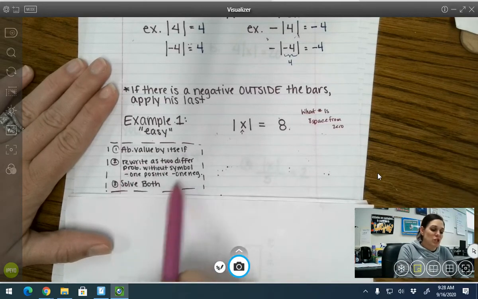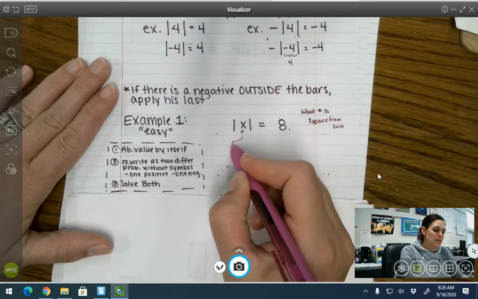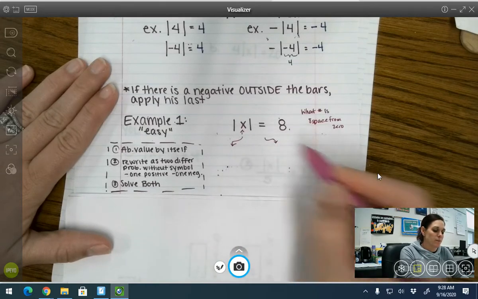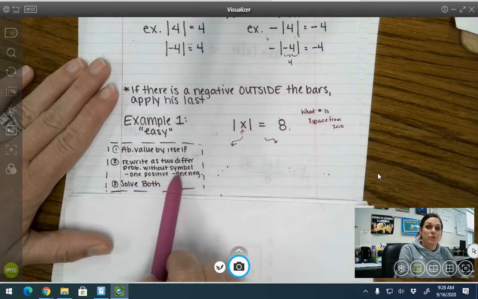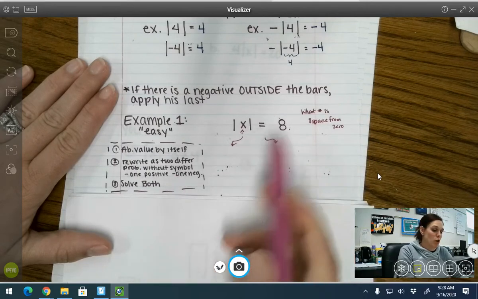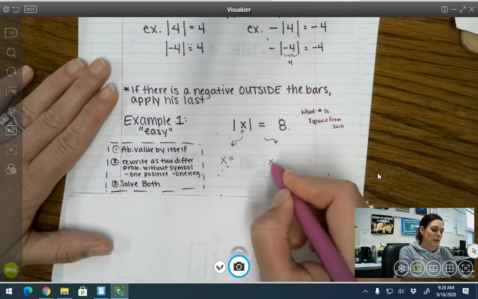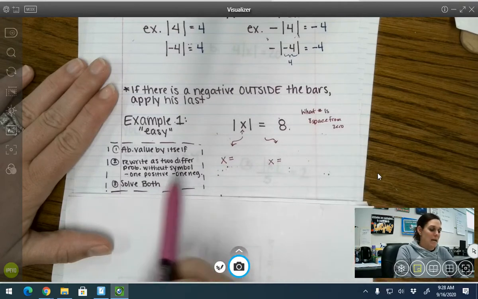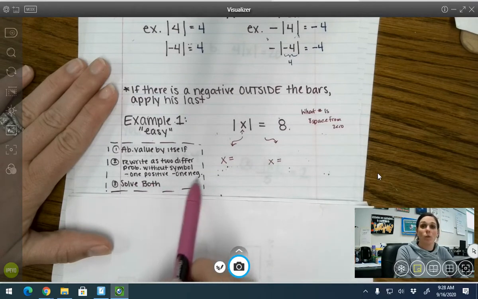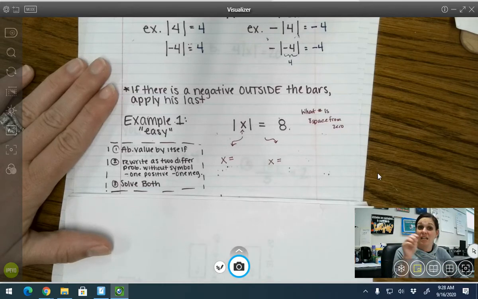Okay, so let's actually do what it's saying. It's saying I'm going to rewrite this as 2 different equations without the absolute value symbol. So the absolute value symbol is going to drop. So this is going to be x equals, and this is going to be x equals. And I need one with a positive answer and one with a negative because we're working on both sides of the equal sign.